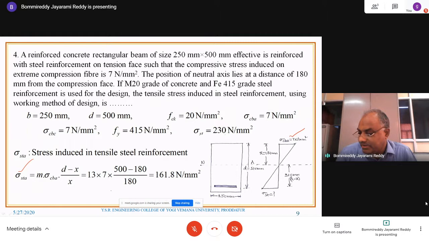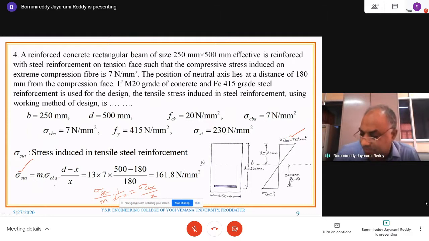From this you can write the equation: sigma ST divided by M, because it is equivalent concrete, and divided by D minus X, will be equal to sigma CBC divided by its associated value X. So from this you can develop this particular equation.